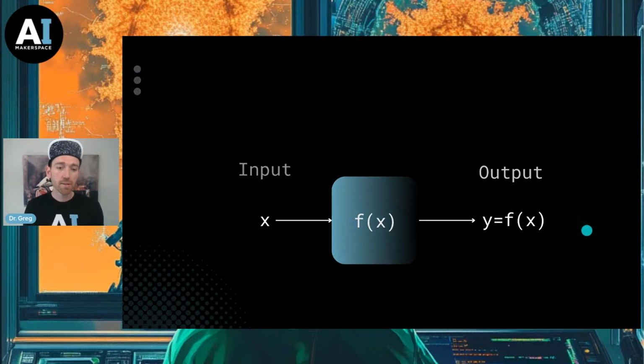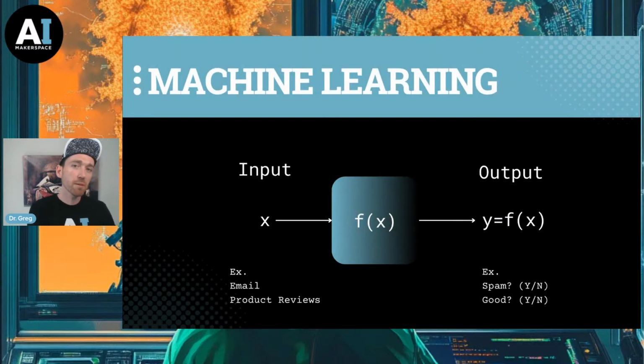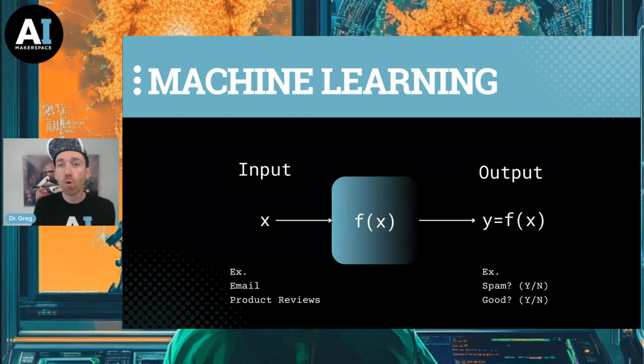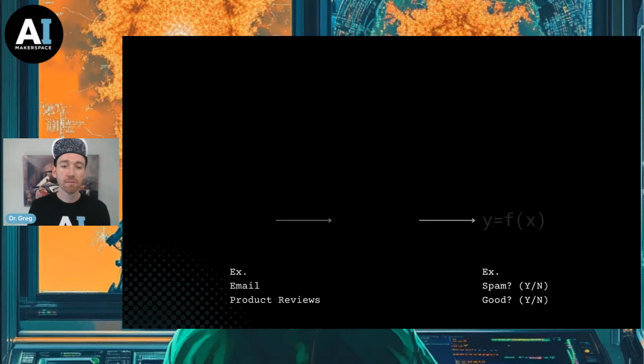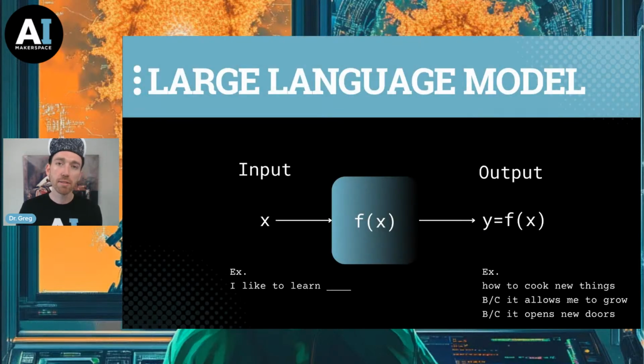And if you think back to when machine learning became more prevalent, more popular, we started to see that these black boxes we started building would do things like email spam, yes or no, sentiment analysis, good or bad, all the way up to the large language models today that can obviously do lots of incredible things, but these are just some sort of simple sentence completion ideas.